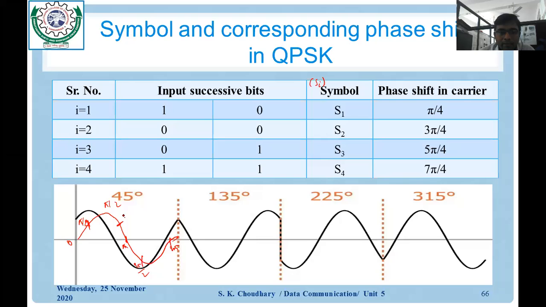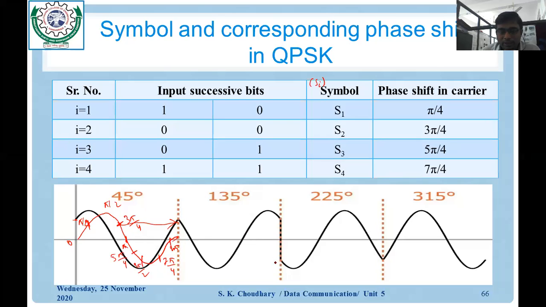Between pi by 2 and pi there is 3 pi by 4, which is 135 degrees. Between pi and 3 pi by 2 there is 5 pi by 4, and between 3 pi by 2 and 2 pi there is 7 pi by 4, which is 315 degrees. These are the different angles at which the signals can start. I drew this so that you understand that pi by 4 means the signal starts somewhere in between here, and 135 degrees means it starts somewhere here. So you can see here.